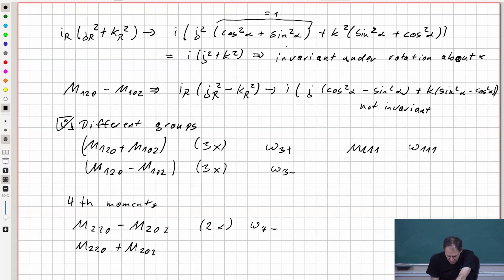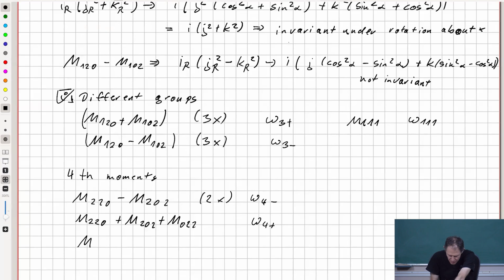There are only two, sorry, because we've taken this out. This comes with omega 4 plus. So this again is isotropic, the other one is not.